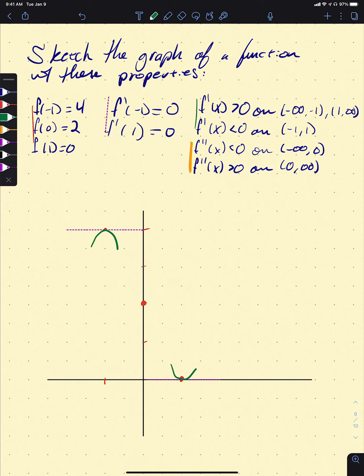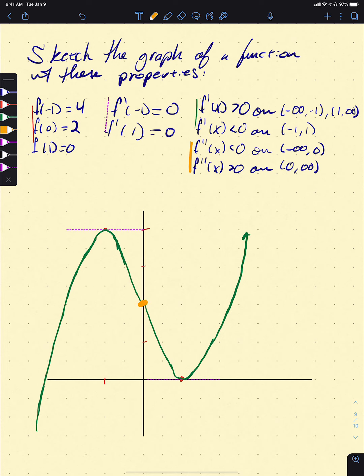We're going to be increasing here, right? And we're going to be increasing here. And we also know we're going to be decreasing here on that interval, and we know we have a point of inflection right there. And indeed, we can check visually that we are concave down here and concave up there.